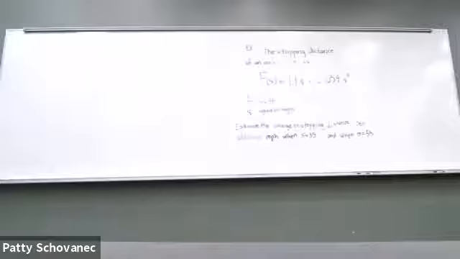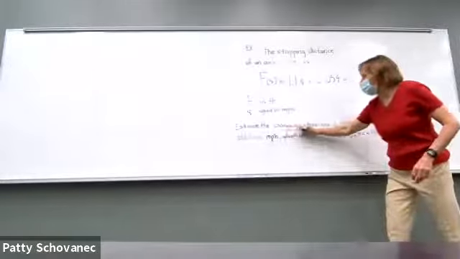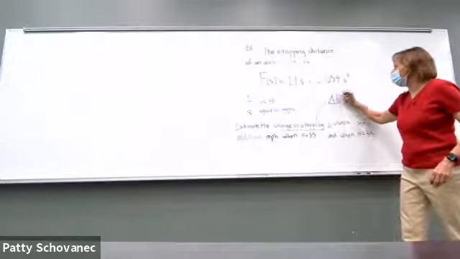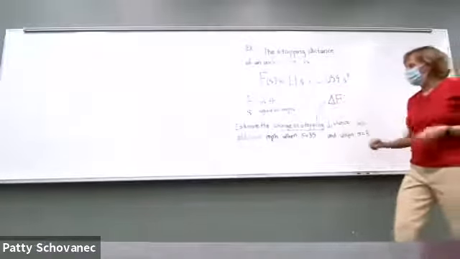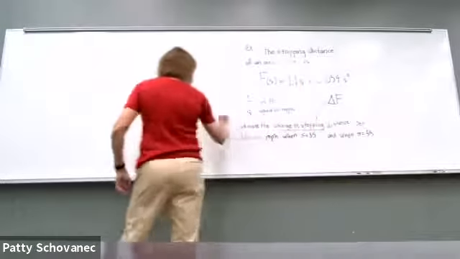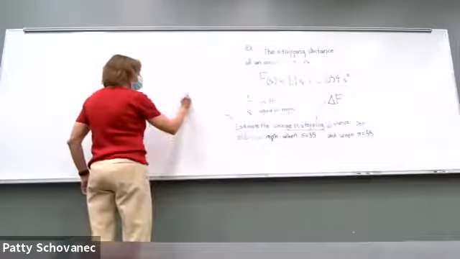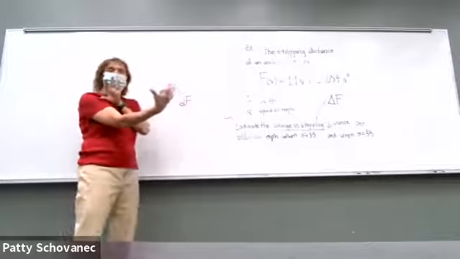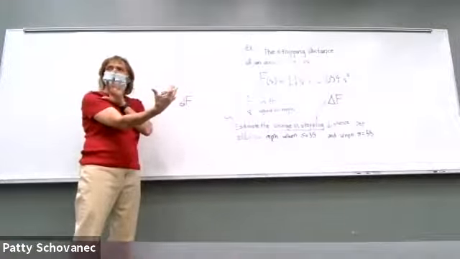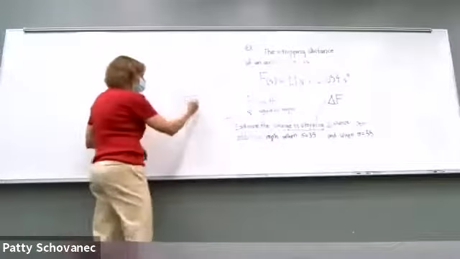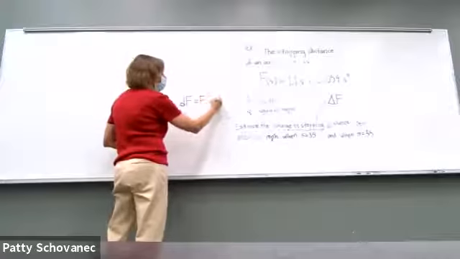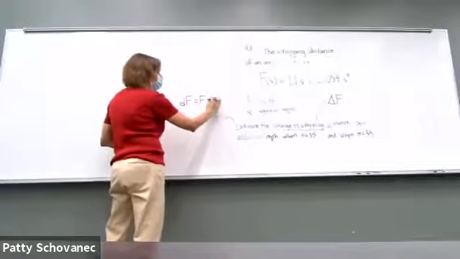So we're estimating the change in stopping distance. The change in stopping distance in this problem is delta F. Our estimate is going to be dF, which is just that last part of the tangent line, the derivative times the change in x. It's going to be f prime times the change in s in this case.